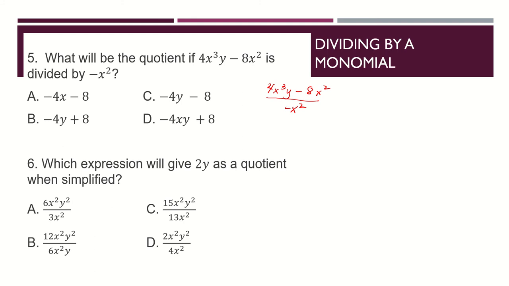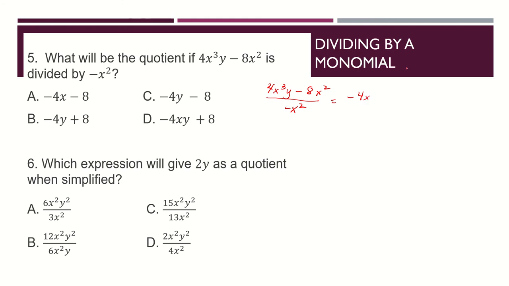Okay, so reveal natin. Unti-untiin natin yung pagsosolve. So, if this is our given, 4x cubed y divided by negative x squared, ede magiging negative 4. X cubed divided by x squared is x.